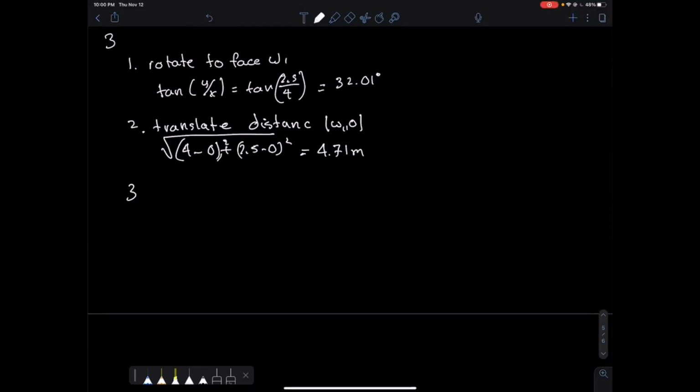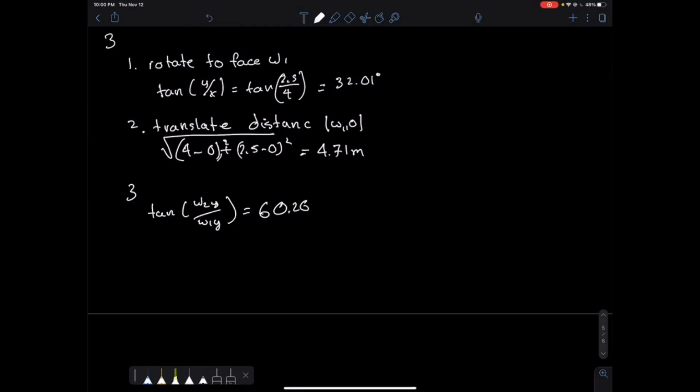Right. So the way we calculated that 60.26 is we took the tan of W2y over W1y, right? And that gave us approximately 60.26. But if we were to tell the robot to rotate 60.26 degrees, it would way overshoot our actual mark. 60.26 is where we want to be facing relative to the global reference frame, right?